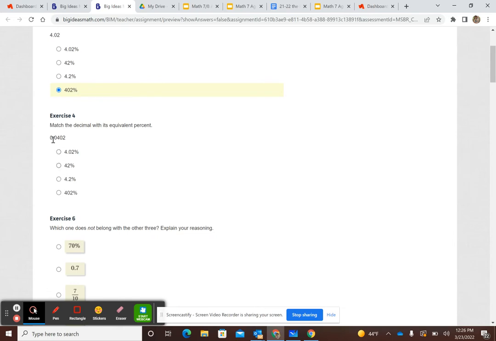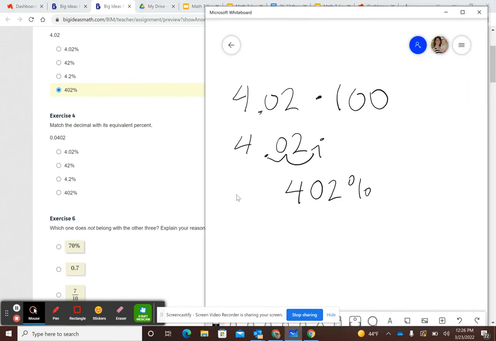And once again, if the decimal is right here, 0.0402, and you're rewriting it as a percentage, all you have to do is move the decimal two places to the right, because basically you're just multiplying that number times 100. So you get 4 and 200ths%.